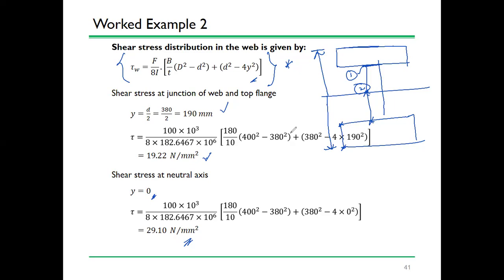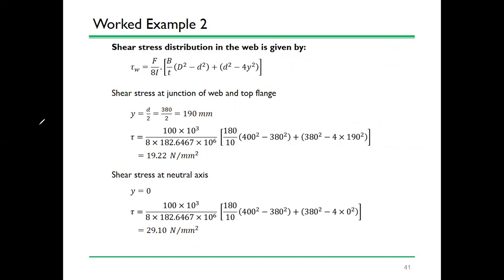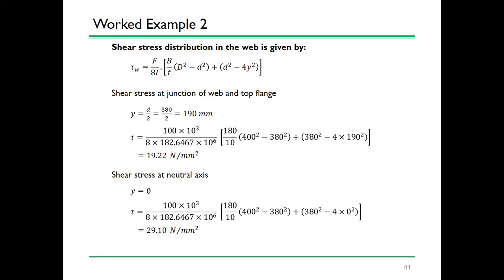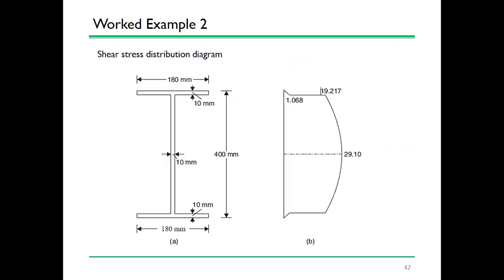All the calculation we have done so far is above the neutral axis. Because this is a symmetrical section, when you calculate for the bottom, you get the same values. So no need to worry about it.